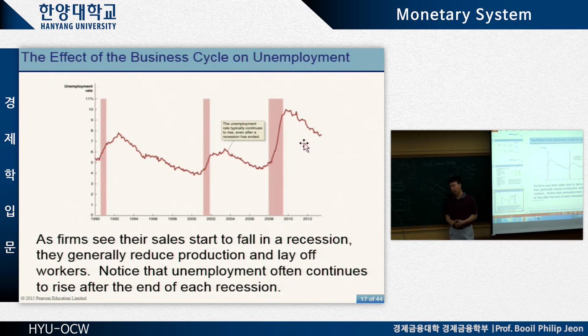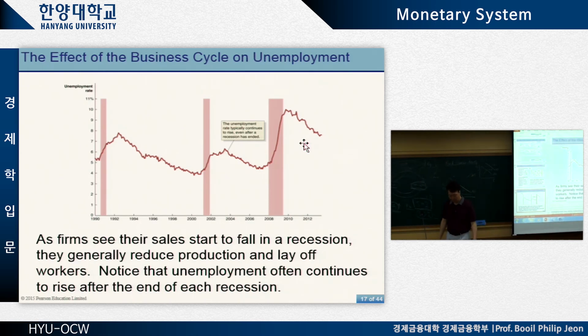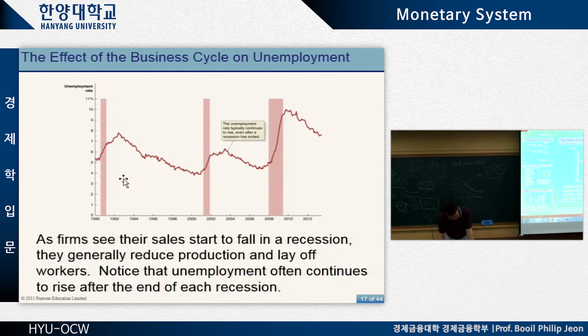And they will lay off some workers, right? So the unemployment rate will increase during the recession, right? And that's it. As you see here, in the beginning of the recessionary period, unemployment starts rising. But even after the recession is over, it keeps rising for a little longer.